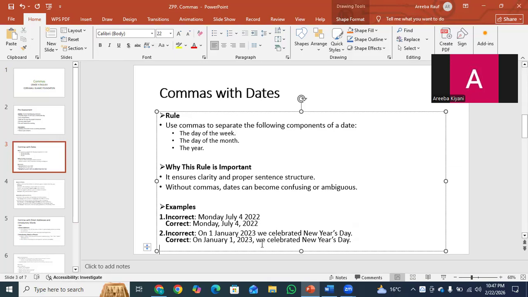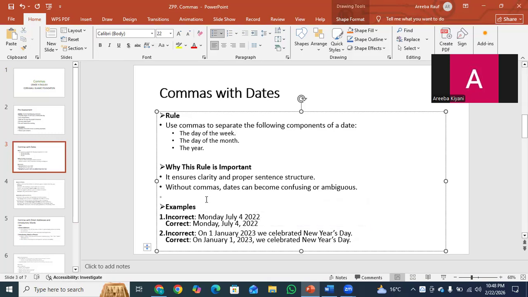This is because in "On January 1, 2023," the date appears in the middle of the sentence, and the date is separate in the first example, Monday, July 4, 2022, and this one is on 1 January 2023. This date comes in the middle of the sentence, so I put a comma after 2023.